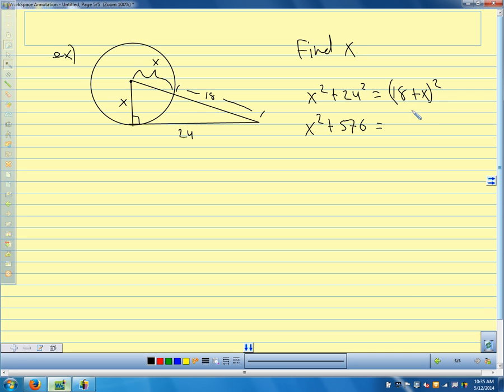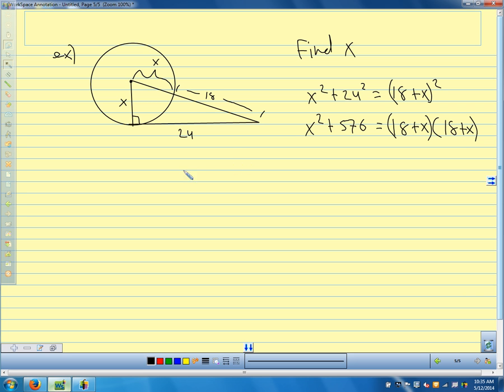When I square parentheses, I can't just distribute the square. This is the same as saying 18 plus x times 18 plus x. And what do I have to do when I multiply parentheses out like this? FOIL. I have to FOIL.